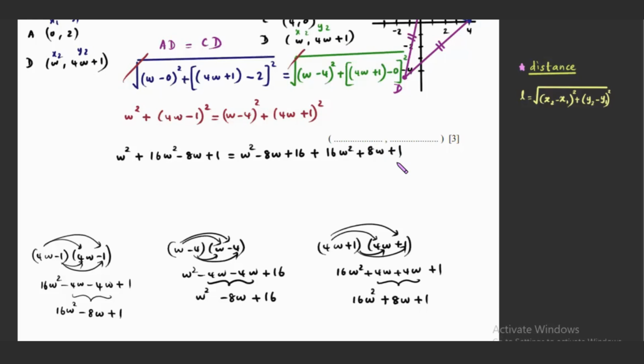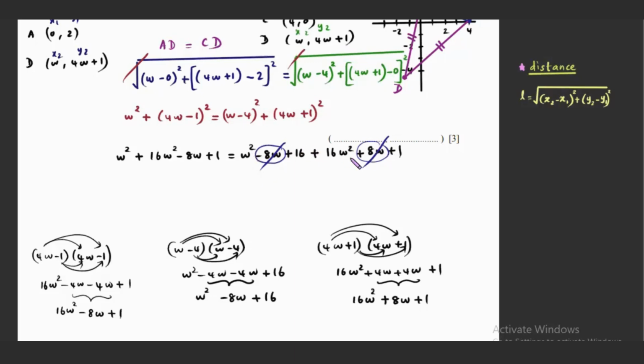Now I need to solve this. To solve this, I'm going to combine all the like terms and bring them to the same side. The minus 8w and plus 8w I can simplify by crossing them out, because that will become 0.